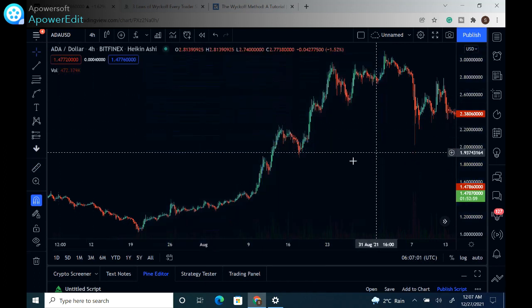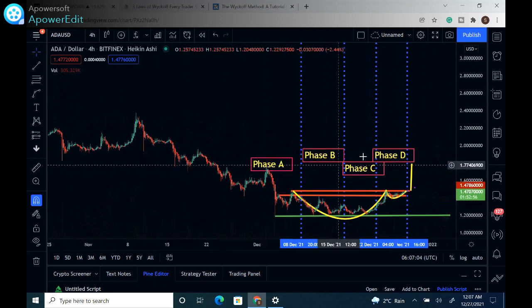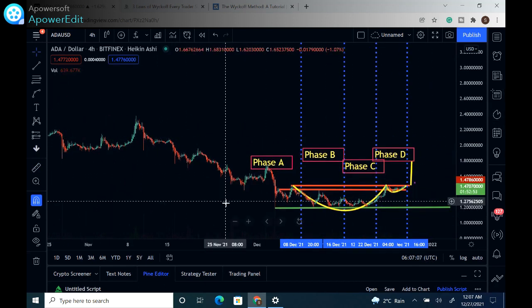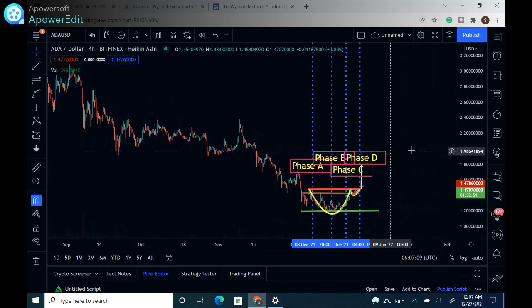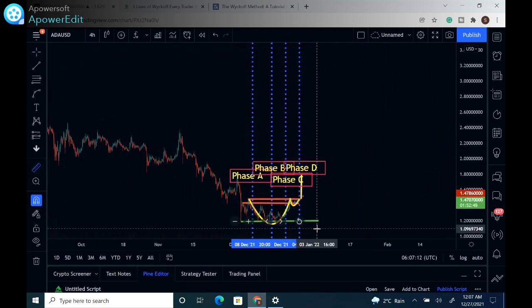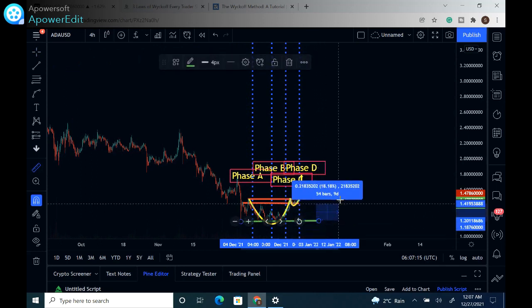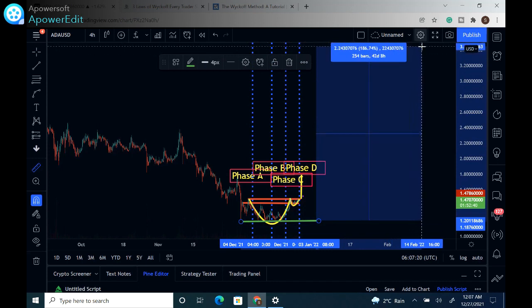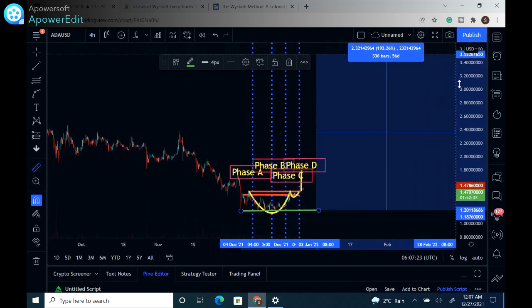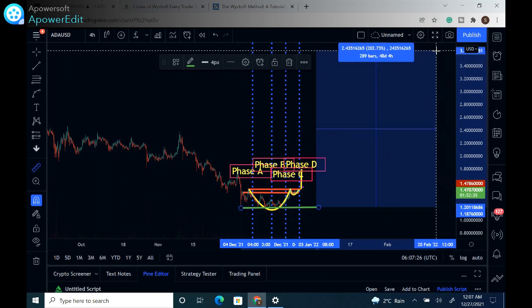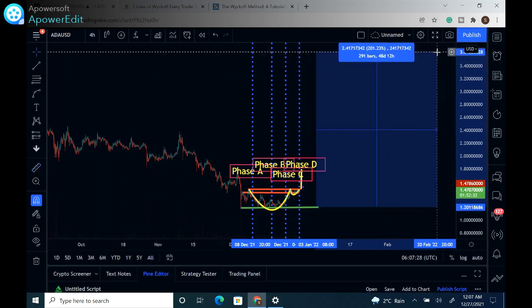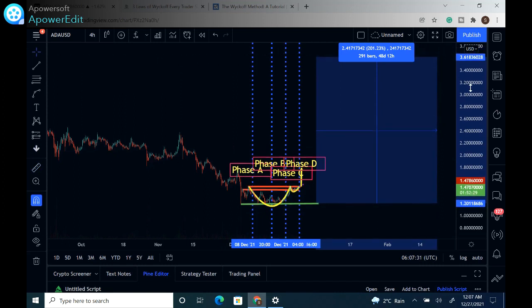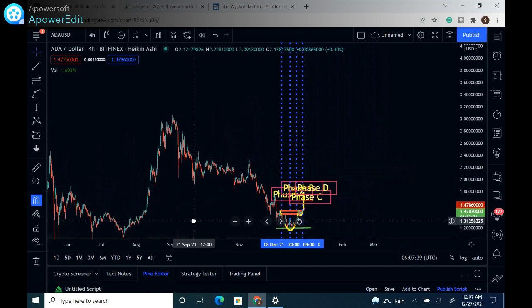If this time it also happens, then the Cardano price will reach, let's measure from here to 200%, nearly 3.6 USD. So it would be another all-time high for the Cardano price.